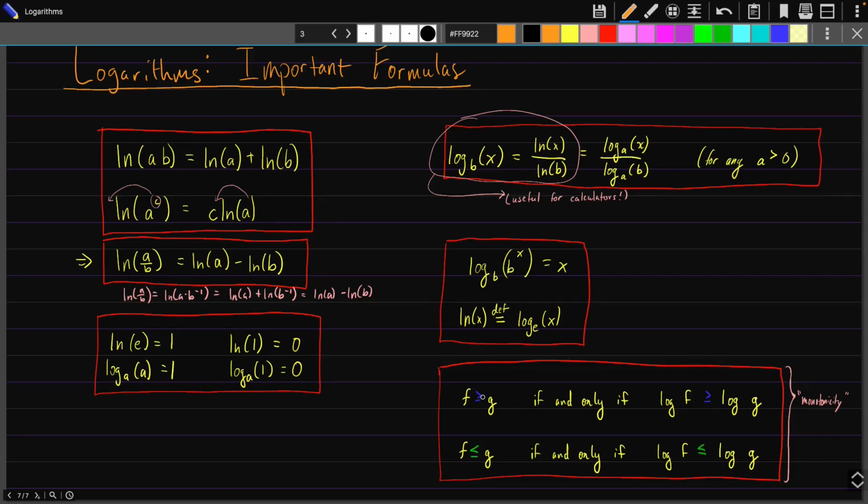But the property I wanted to note right now is that logarithms preserve inequalities. The same is true of the exponential function, incidentally. So what do I mean by that? I mean that if I have two functions, f and g, and f is greater than or equal to g, then the logarithm of f is actually greater than or equal to the logarithm of g. So that's really handy. That's one of the reasons that logarithms are very useful, because they preserve the relations between functions.